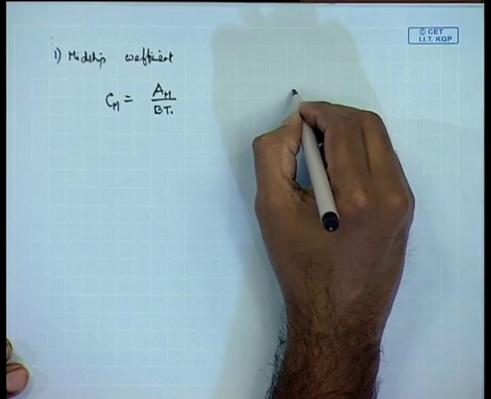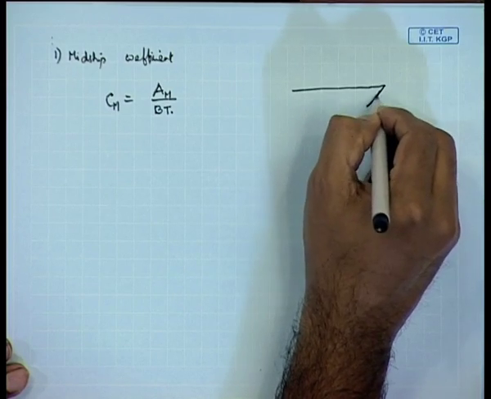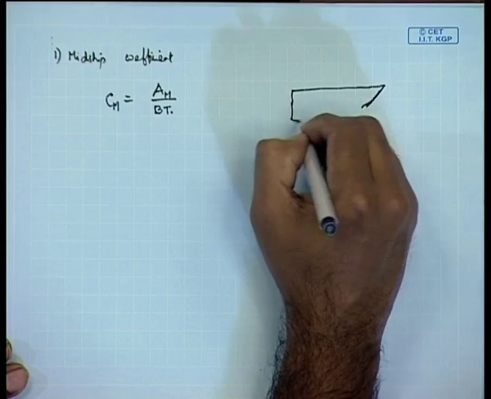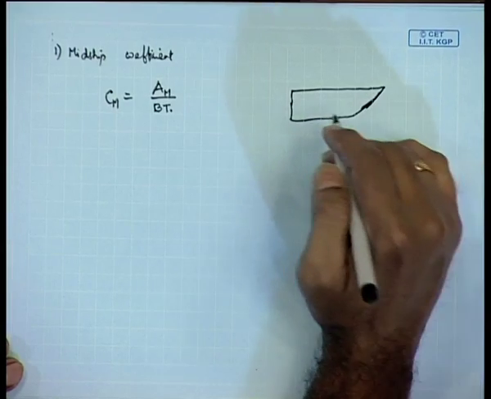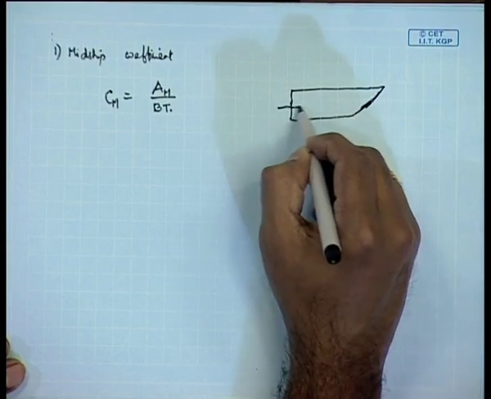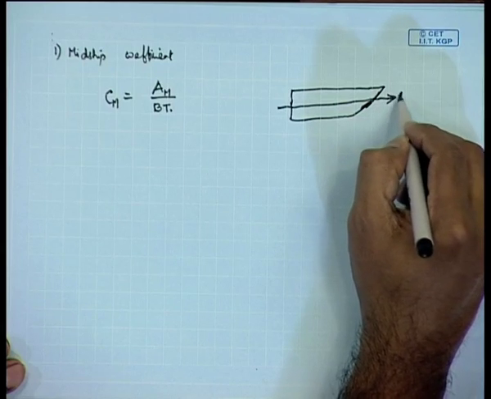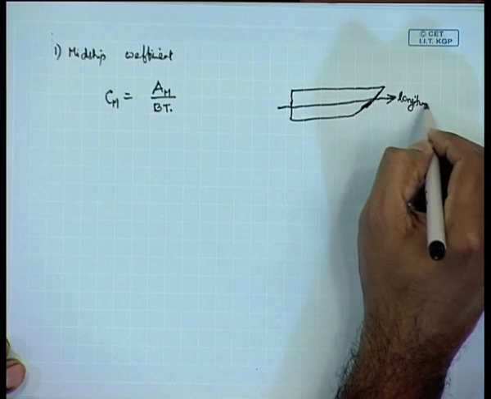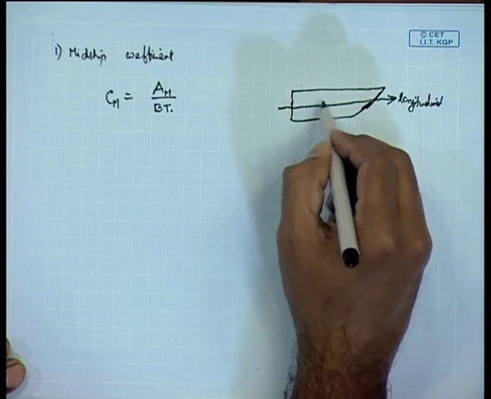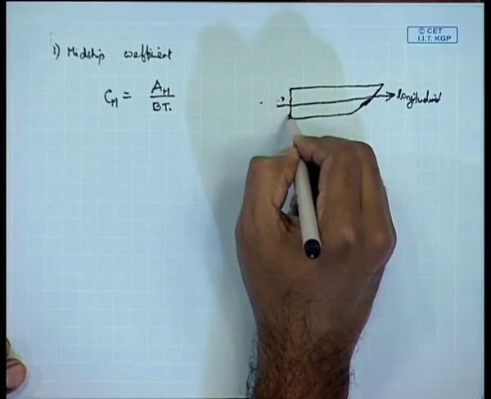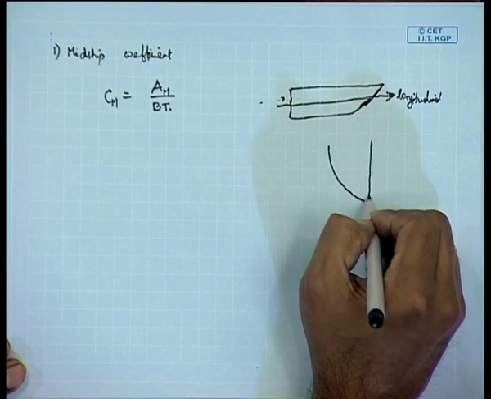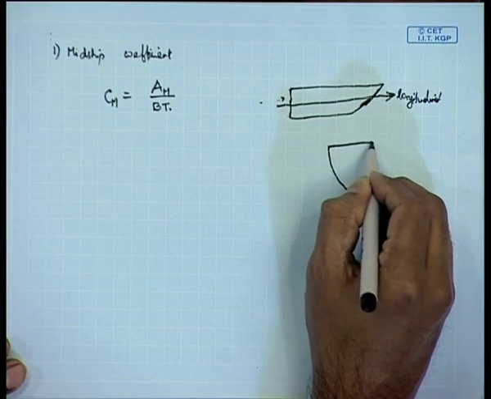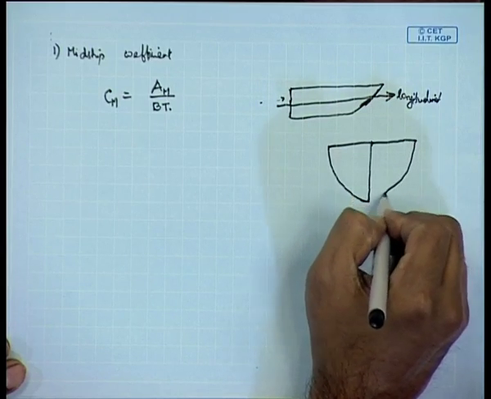If you define this to be the ship, this direction is known as the longitudinal direction, and when you see from here, what you see is this area, it will look like this.